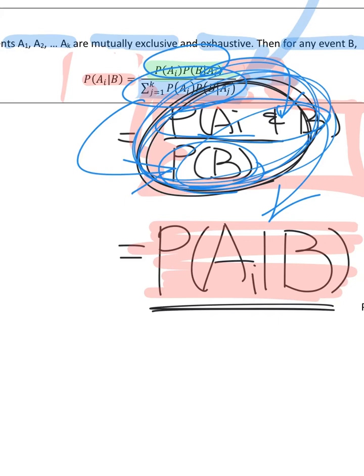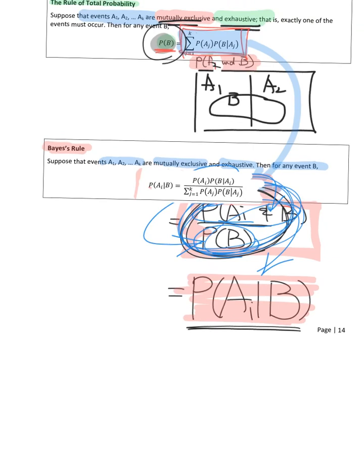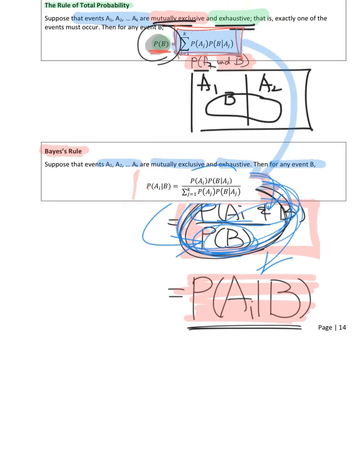So we applied three rules, and we showed Bayes' rule. Three hundred years ago, Bayes suggested the rule using these three rules.